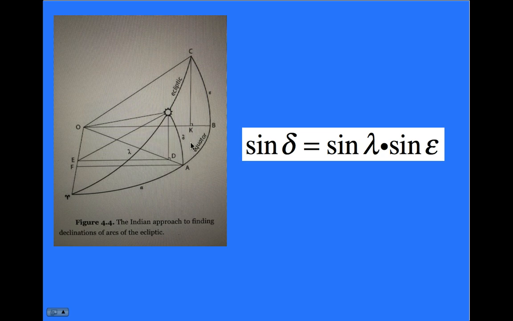Declination, and we can calculate it by multiplying the sine of the sun's current longitude, as the sun moves around on the ecliptic from 0 to 360 in a year, multiplied by the sine of the ecliptic. This type of calculation was so common in the old days, where you're multiplying two sine values together, that the original logarithm tables were of sines, so that you'd be able to do this more easily.